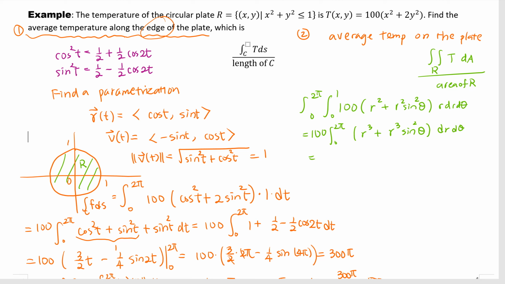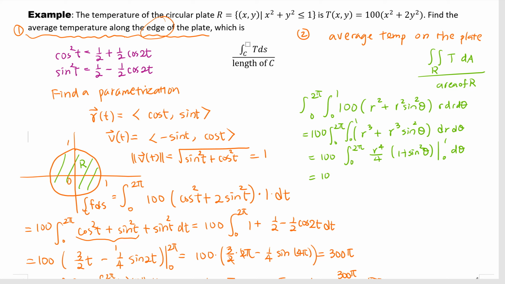Well, then we have 100 integral of r cubed, which is r to the 4 over 4. And we can think about it like we factor out 1 plus sine square. Okay, and now what happened? R is from 0 to 1, d theta.